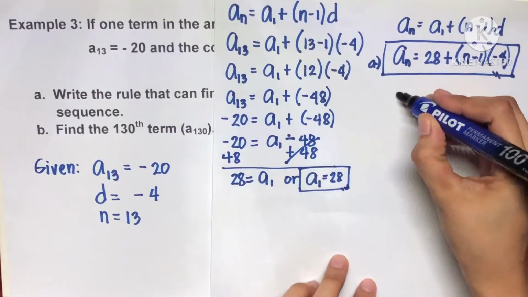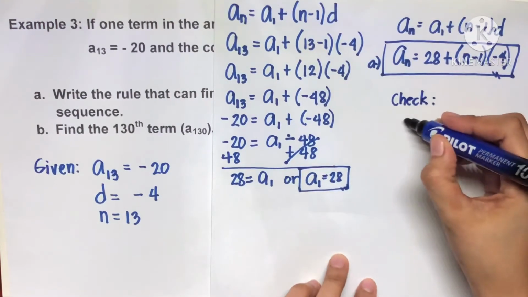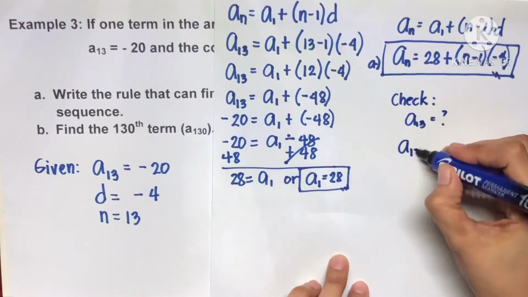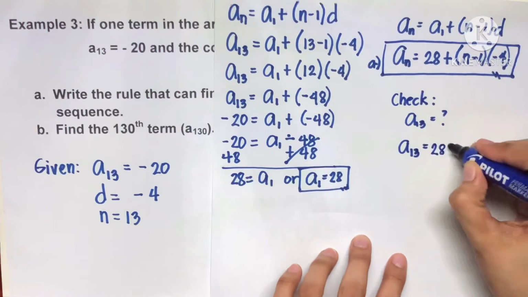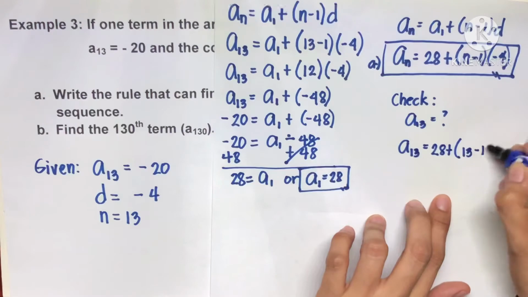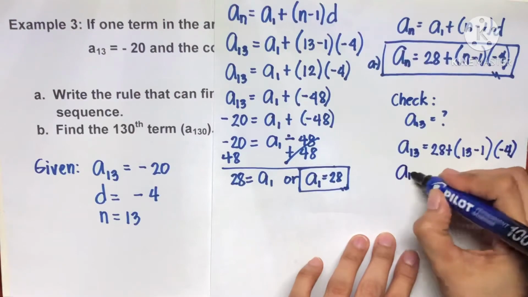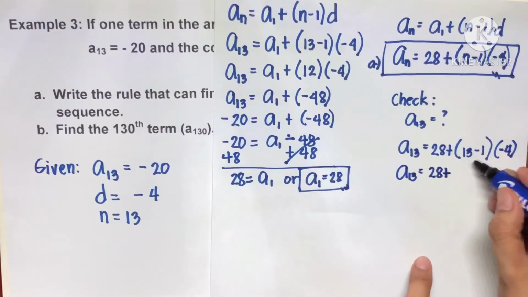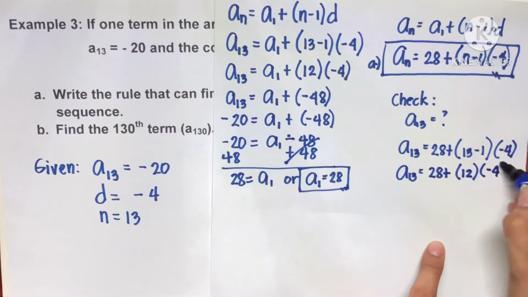Okay, so we will check if a sub 13 is indeed negative 20. So a sub 13 equals, we will use this formula, 28 plus n, so in this case our n is 13, minus 1 times negative 4. So a sub 13 is equal to 28 plus 13 minus 1 is 12 times negative 4.